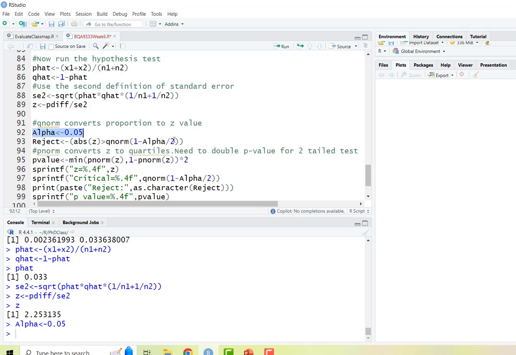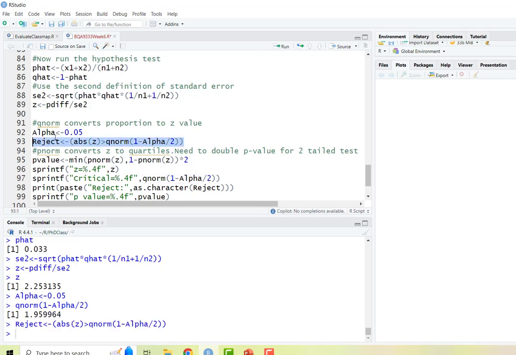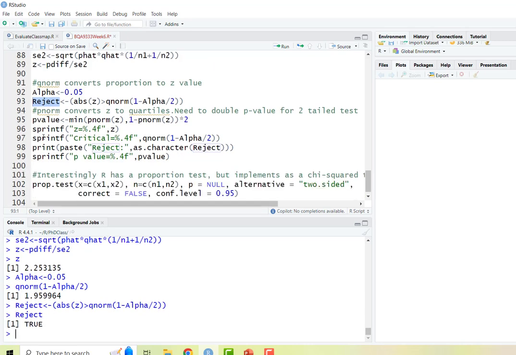We're doing a two-tailed test, so we're looking at whether the absolute value of z is greater than the critical z. Again, R, like Excel, goes left to right, so we use 0.975, which gives us a value of 1.96. So do we reject? Yes, because our absolute value of z is greater than the critical value. And again, we calculate the p-value.